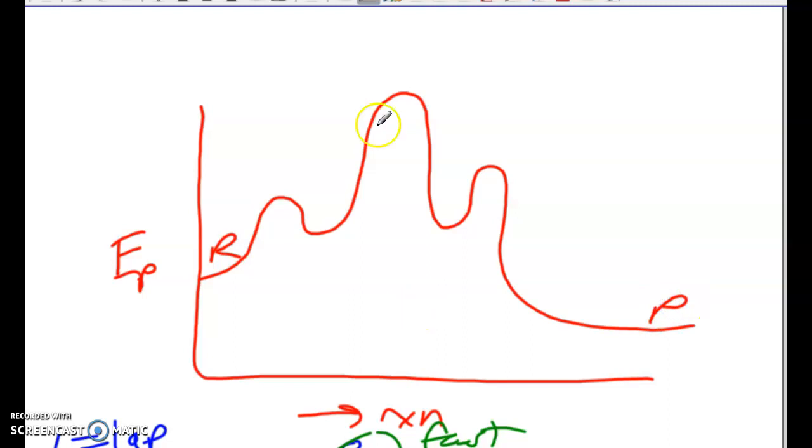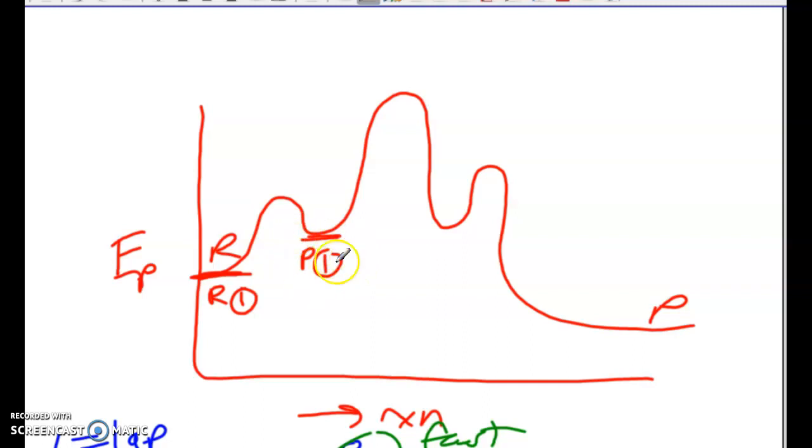Okay, reactants and products. So we know here that each hump is a reaction step in the mechanism. So here we have a 3-step mechanism. Remember that each step has reactants and products.